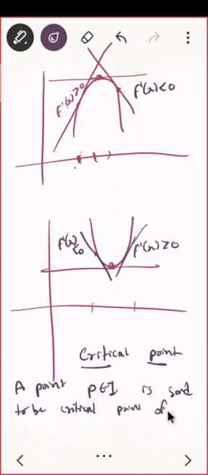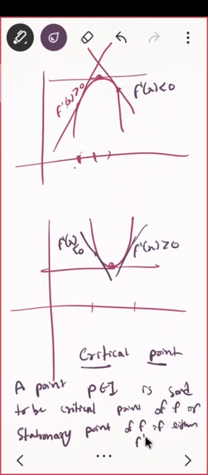Another name is stationary point. If either f dash of P is 0 or does not exist.